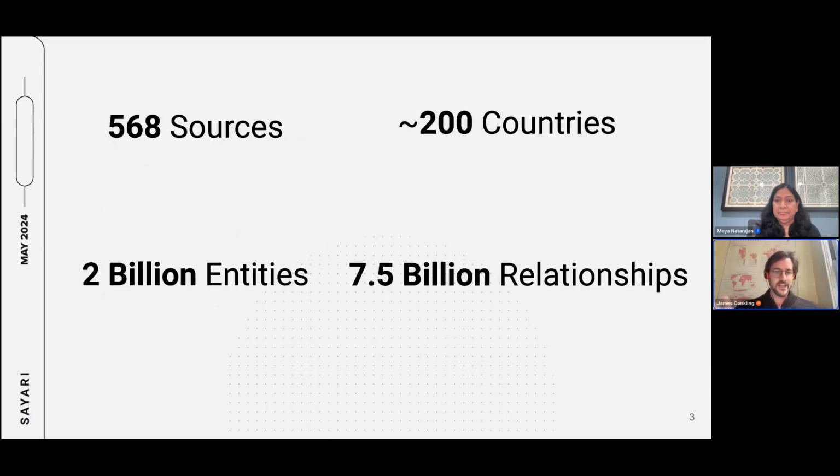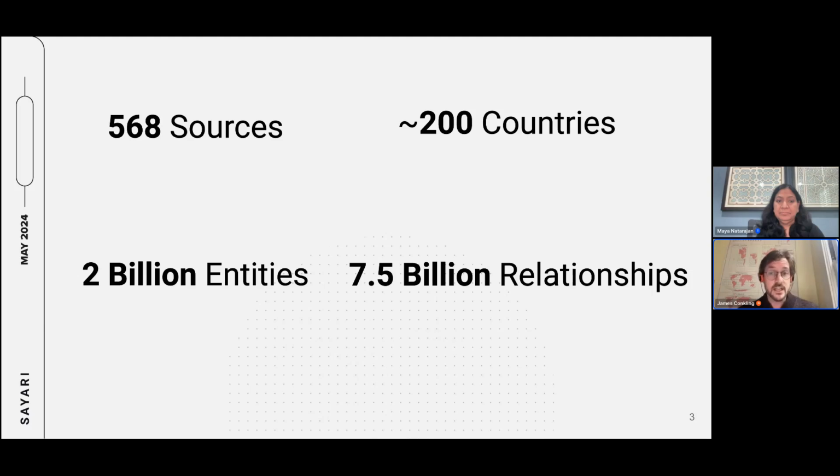So, very broadly, what are we talking about here? Basically, Sayari ingests data from currently 568 different sources from around the world, over 200 countries. These are very disparate data sources. Some of them are HTML web pages that we're scraping. Others are PDFs that we're acquiring. Some of them are bulk data sets, CSVs or some other, more compressed data format.